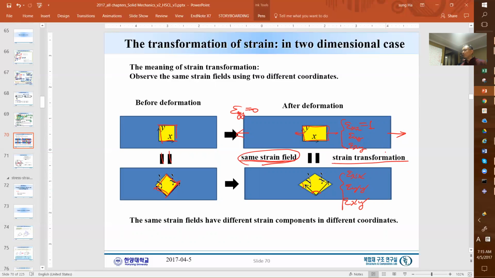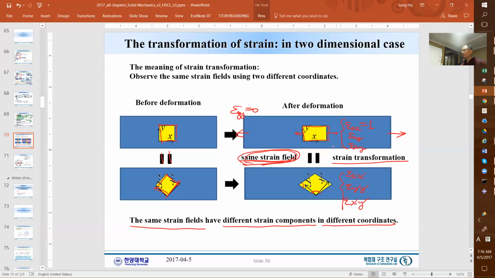So it's important to keep in mind that we are looking at the same strain field, but the components are with respect to a different coordinate system. The same strain field, I will repeat, has different strain components in different coordinates.